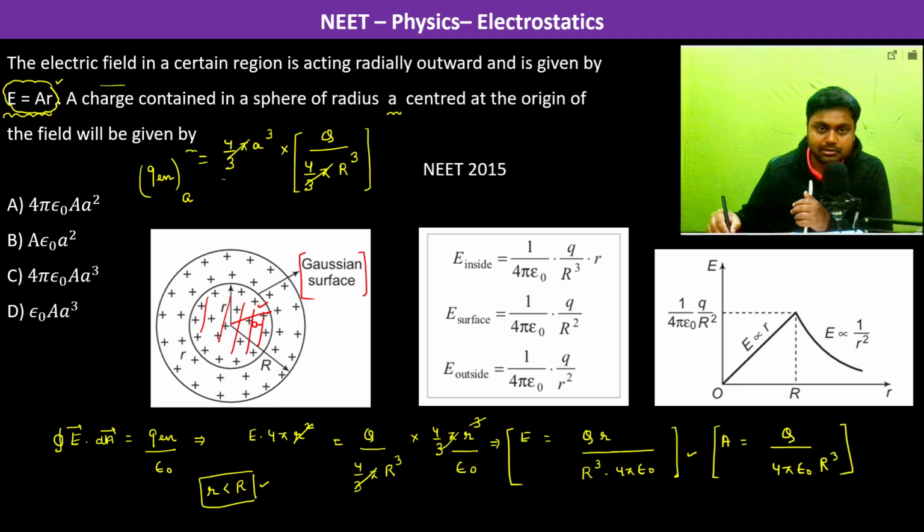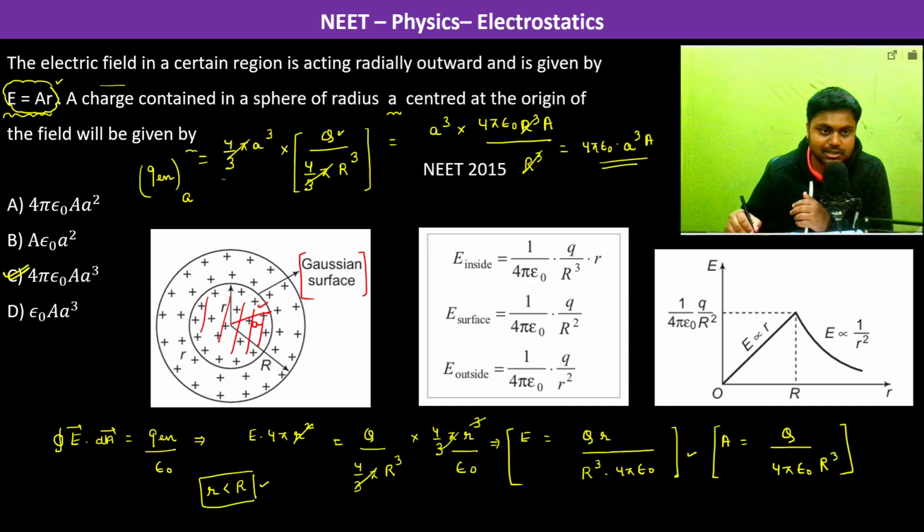Now we just substitute Q, so this is a cubed into 4 pi epsilon naught R cubed into a. So this is Q divided by R cubed, which cancels, and this becomes 4 pi epsilon naught into a cubed into a.